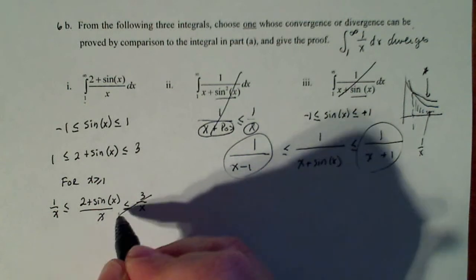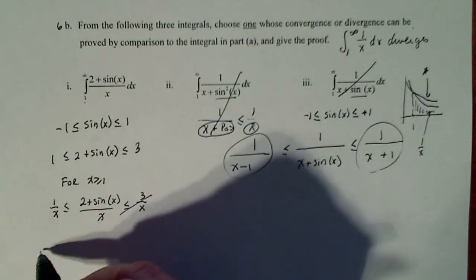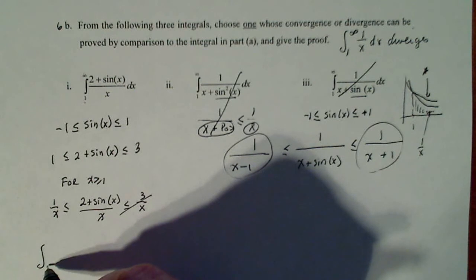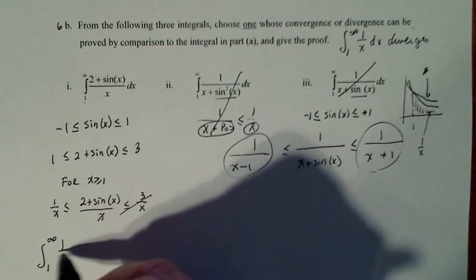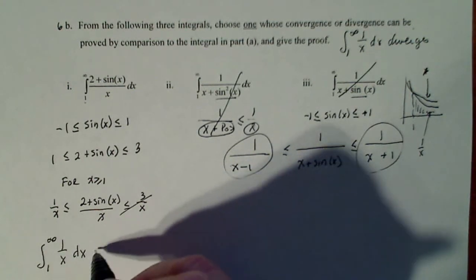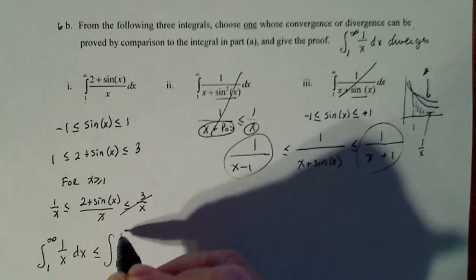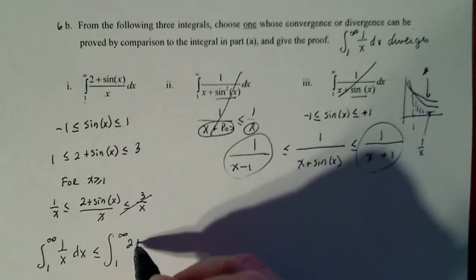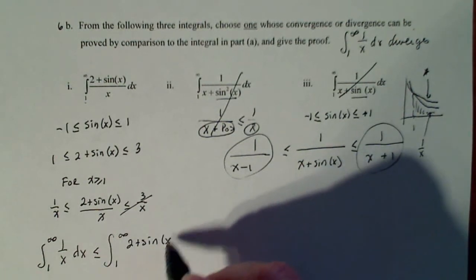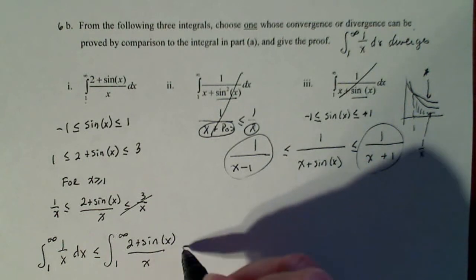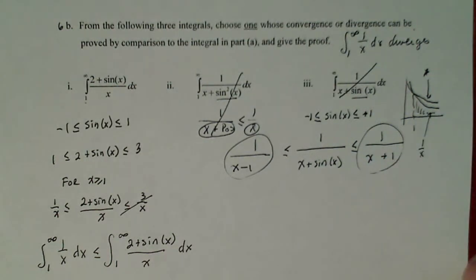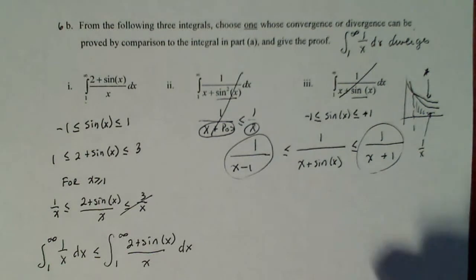So if this is true, I can say the integral from 1 to infinity of 1 over x dx is less than or equal to the integral from 1 to infinity of, sorry, 2 plus sine x over x dx.